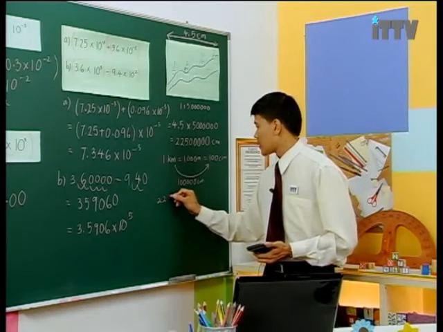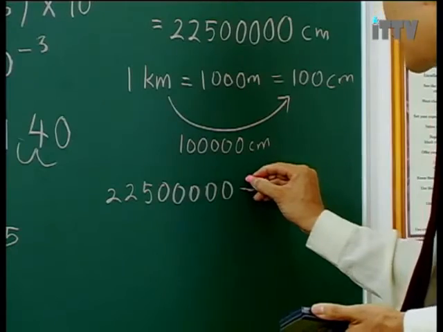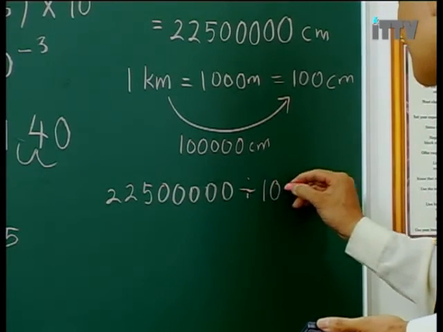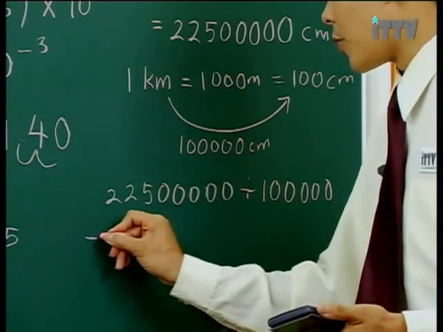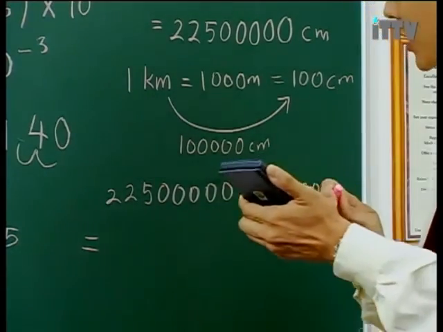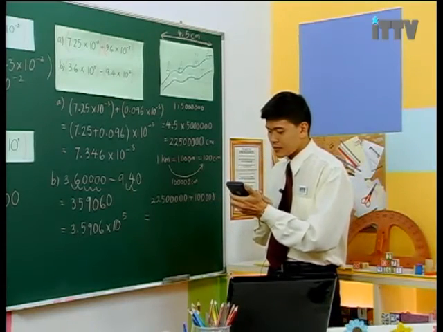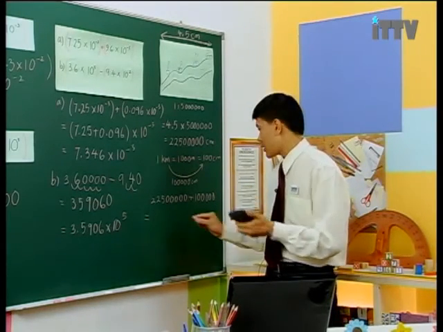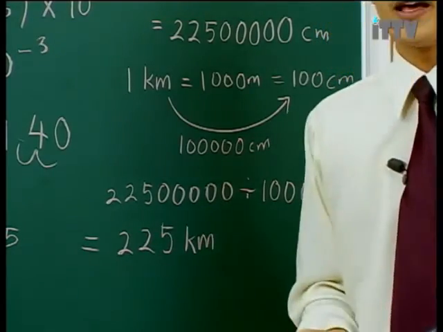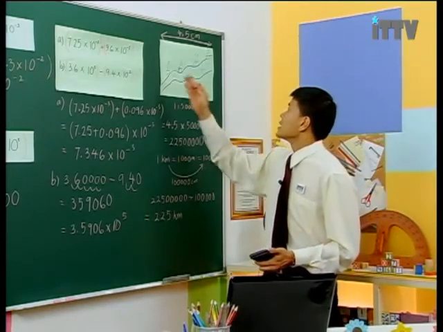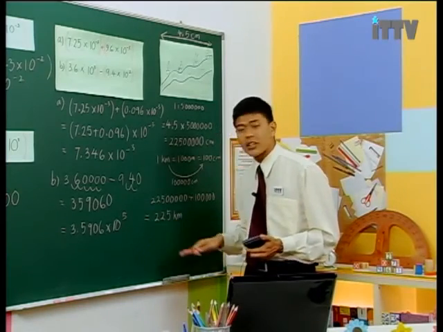take its length in centimeters divided by the scale of conversion to kilometers. And now, what is the length of this river in kilometers? You should get 225 km. It means that in real life, once we have converted from 4.5 cm, the actual length of this river is 225 km.